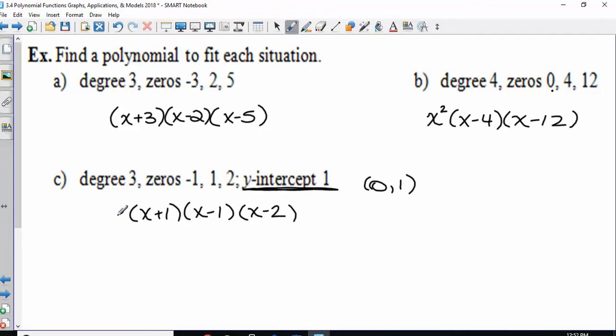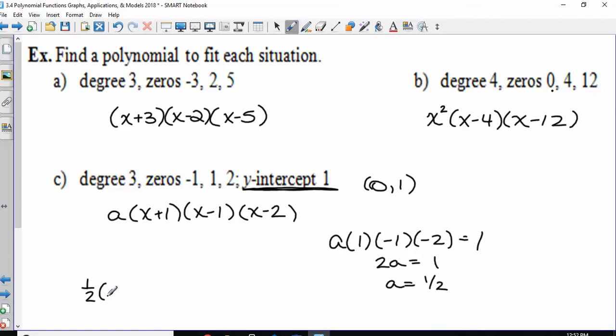Didn't we have some of these on our homework? We said there might be a number out in front. We have to find that number. And so to do that, we're going to plug in the 0 for our x's. So 0 plus 1 is 1, 0 minus 1, 0 minus 2. And that whole thing equals 1. So we get 2a equals 1.